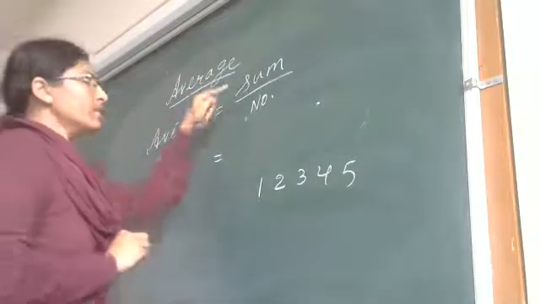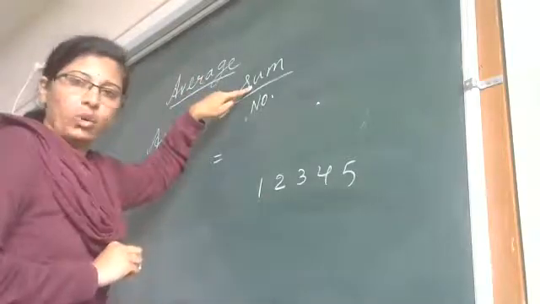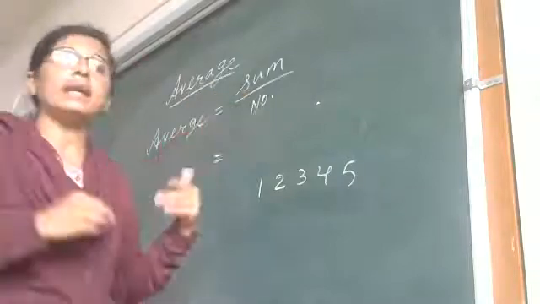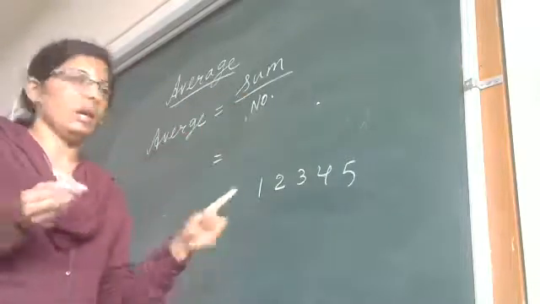The formula to find the average is the sum of the given quantities divided by the number of quantities given.